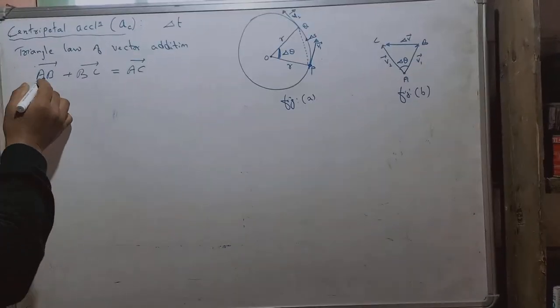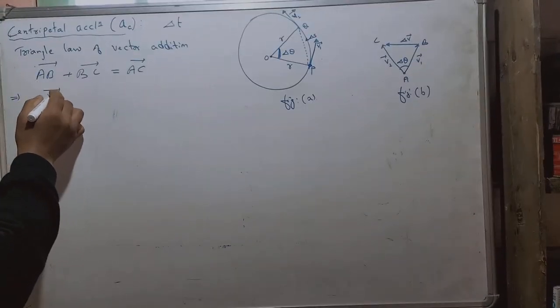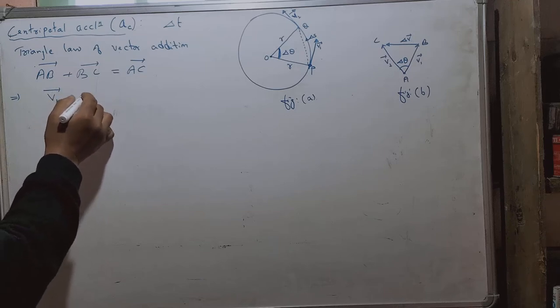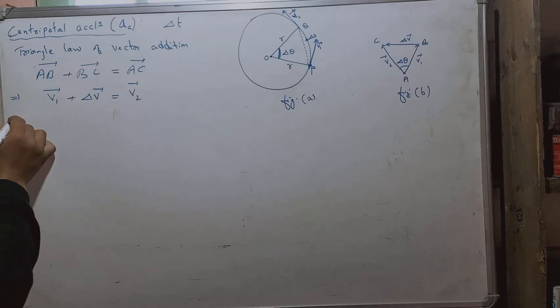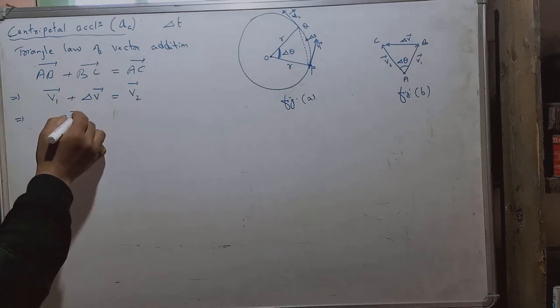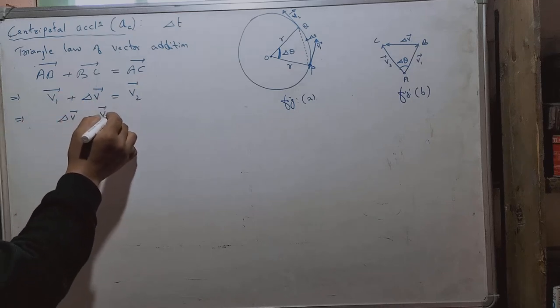Or, instead of AB, it is v1 arrow, BC is delta v arrow, and AC is v2 arrow. So delta v arrow equals v2 arrow minus v1 arrow.